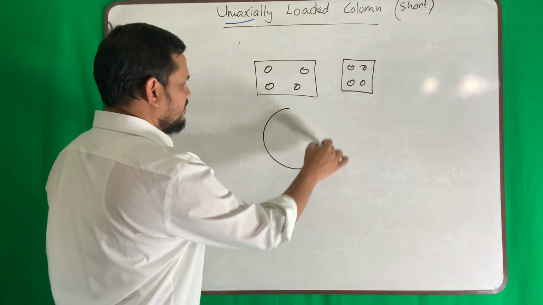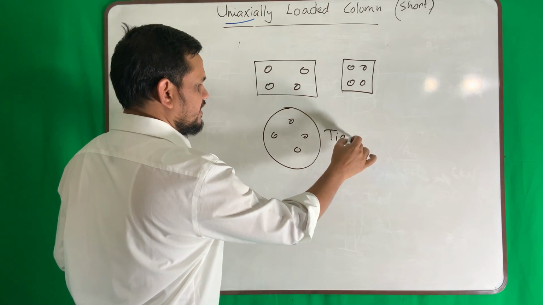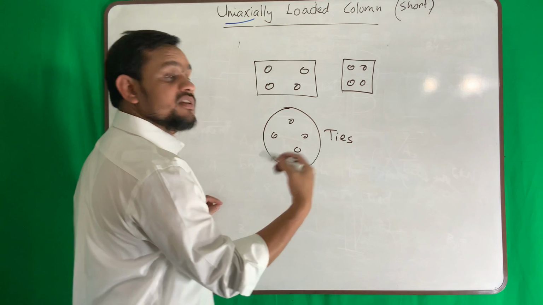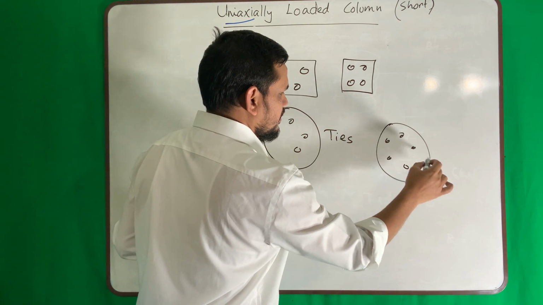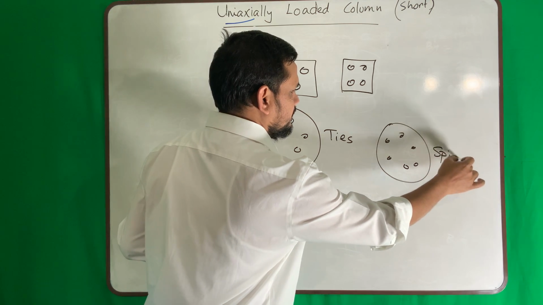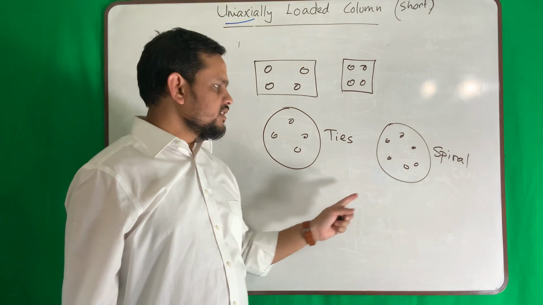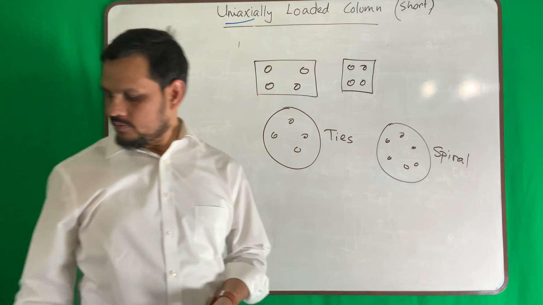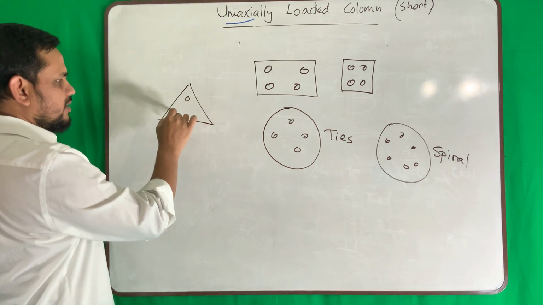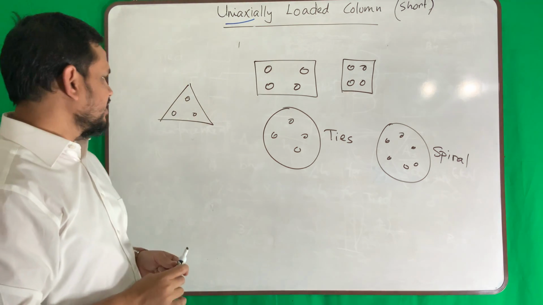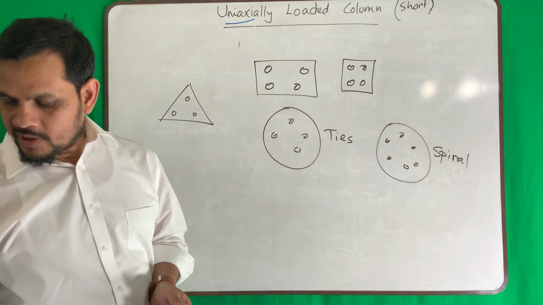And if it is circular, it can be 4 for ties, but it must be 6 for spiral. So if it is circular, 4 is for tie, 6 is for spiral. Then for triangular it is obviously 3. Minimum should be 3 for triangular. Okay, so that is the minimum number of bars.